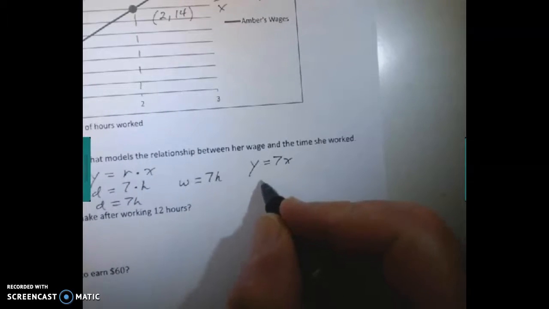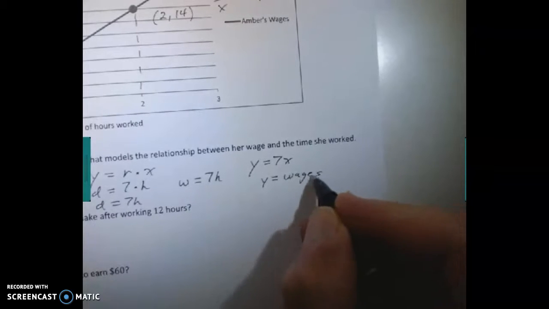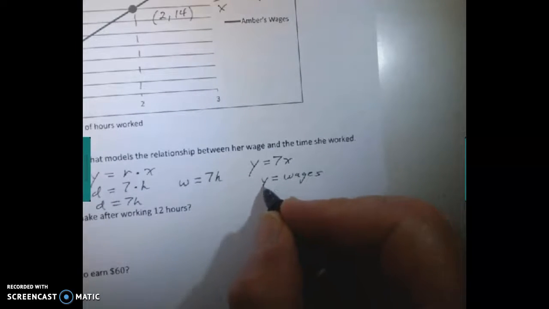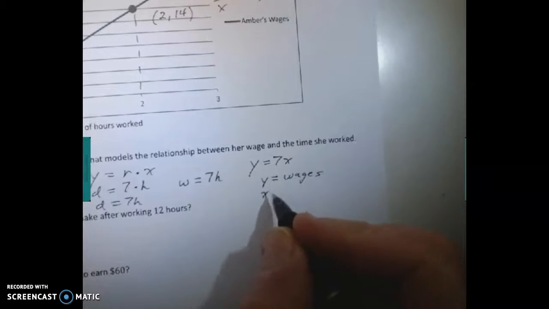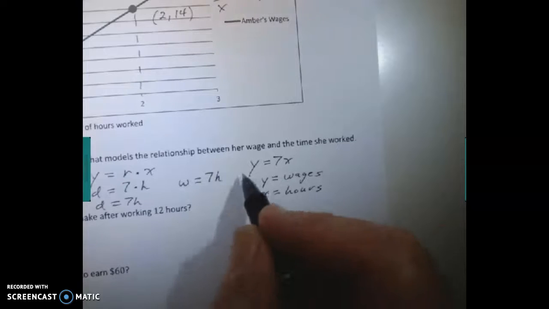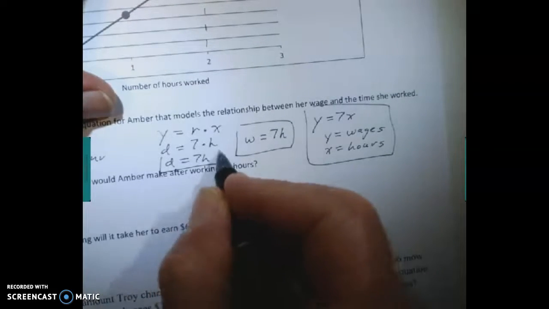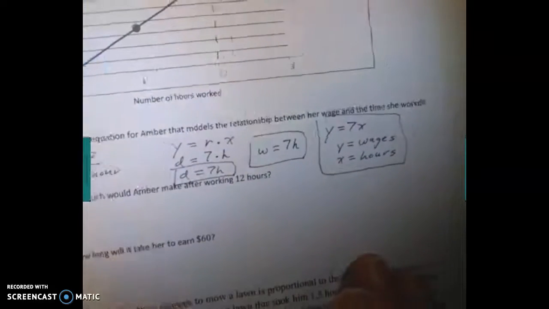In this case, y would be the wages, the top values of our unit rate, and x would be the hours. So that is an acceptable answer, or that is an acceptable answer, or even that is an acceptable answer.